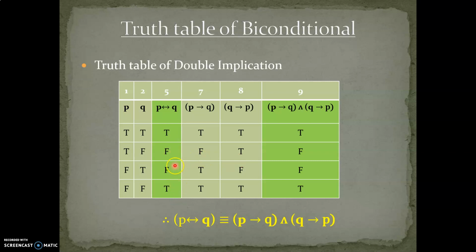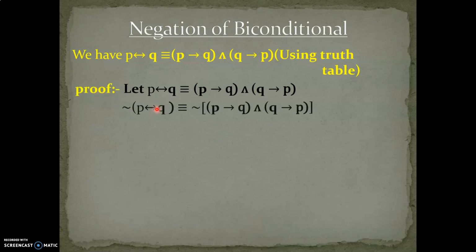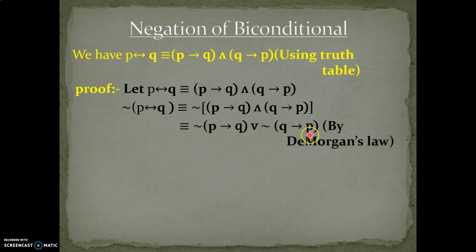So before finding the negation of biconditional, you have to learn this result by heart: P if and only if Q is also equivalent to P implies Q and Q implies P. You will apply this result in the negation of biconditional. So we are taking this. Now we have to apply negation on both sides of this one. So negation of P if and only if Q is equivalent to negation of the entire statement pattern, which you will write. Next step, you will write negation of P implies Q or negation of Q implies P by De Morgan's law.